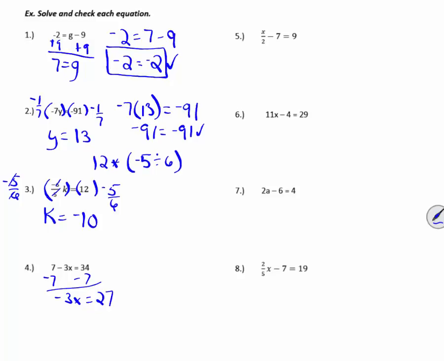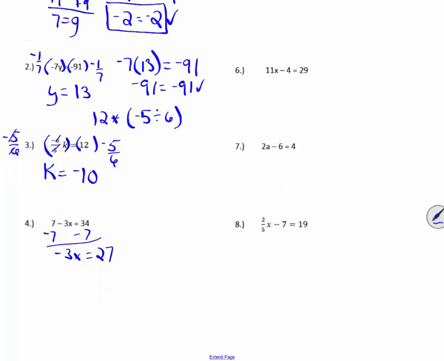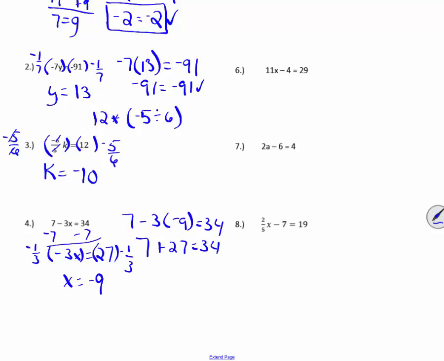Now I need to multiply to get rid of the -3, so I'm going to multiply by the reciprocal, -1/3. So x is going to give me -9. If I put that one in, I will check that one. So 7 minus 3 times -9. -3 times -9 is positive 27. So 7 plus 27 is 34.